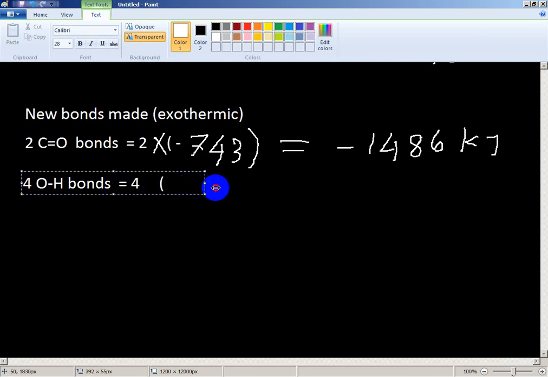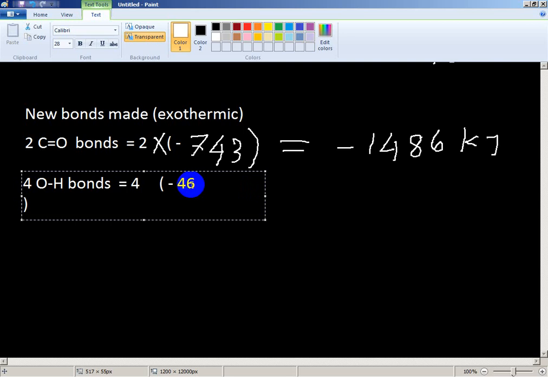What is the bond energy? Do you know? Oxygen hydrogen bond energy. Do you know? Minus 464. Minus 464.